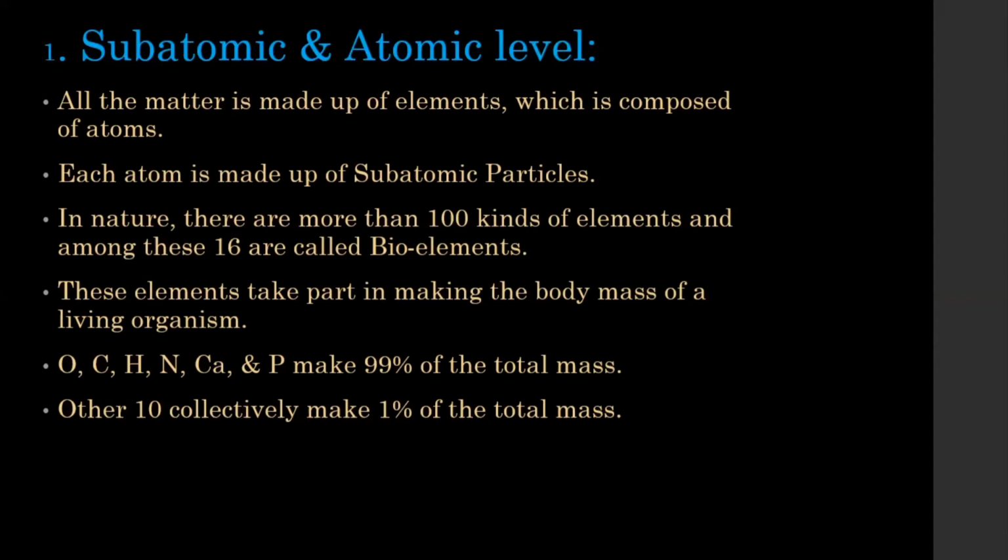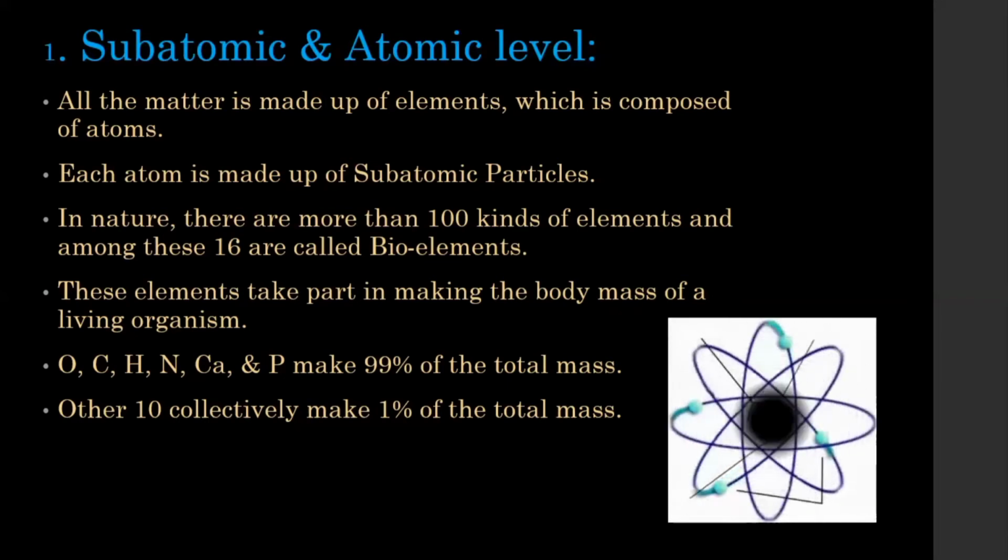Only 6, which are oxygen, carbon, hydrogen, nitrogen, calcium and phosphorus, make 99% of the total mass, while the other 10, like potassium, sulfur, chlorine, sodium, magnesium, iron, copper, manganese, zinc and iodine, collectively make 1% of the total mass.